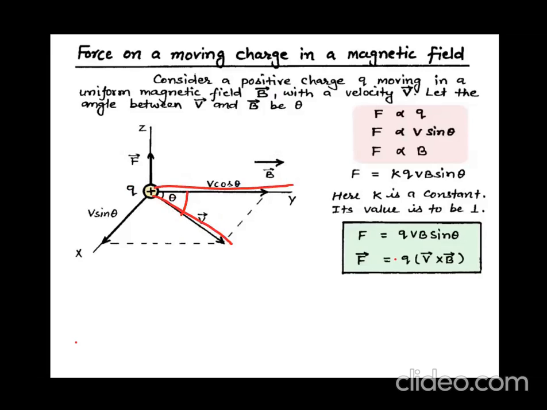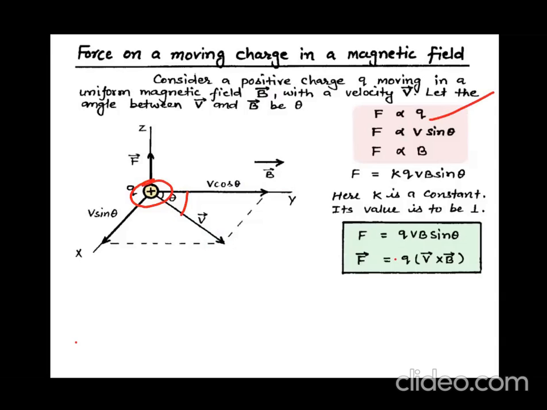Now the plus Q charge, as it is moving, is going to experience some magnetic force. That magnetic force depends upon a number of parameters. Firstly, it depends upon the magnitude of the charge that you have entered in the external magnetic field. More is the magnitude, more will be the force.